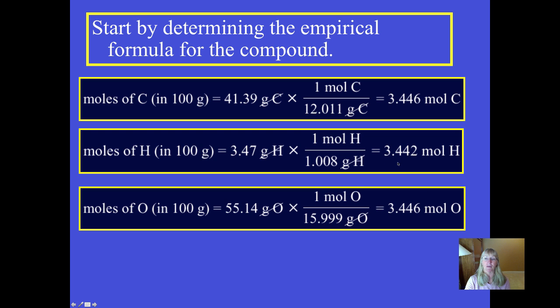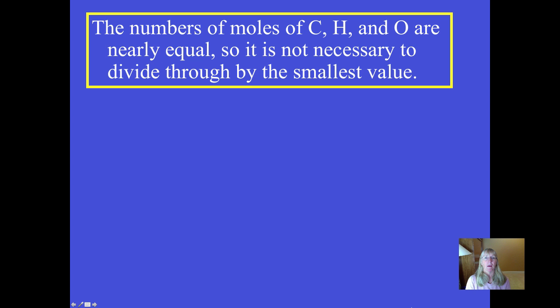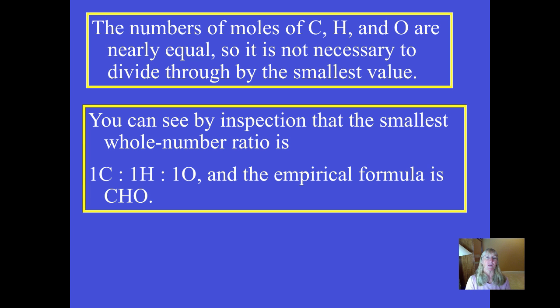So technically, the hydrogen is the smallest number of moles. But if you had done that, even though it says it's not necessary to divide by the smallest value, you would have found a 1 to 1 to 1 ratio.